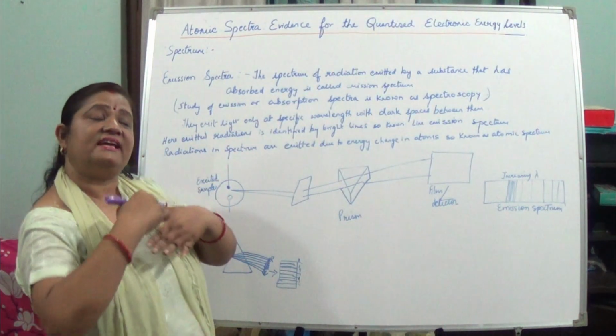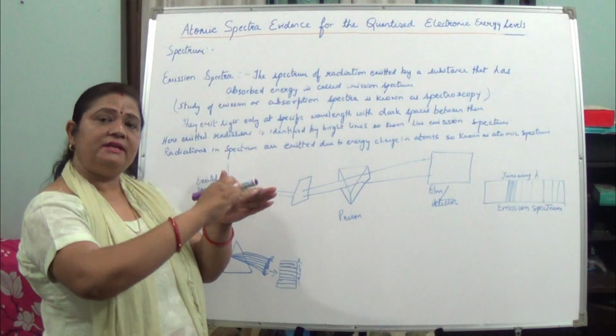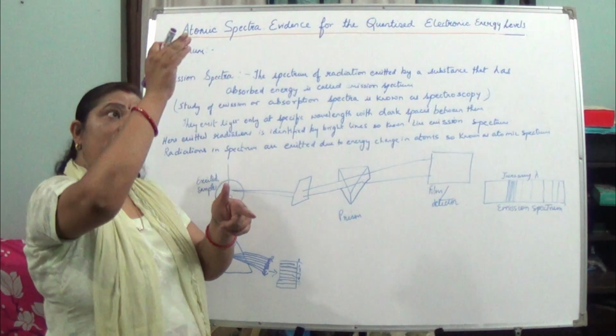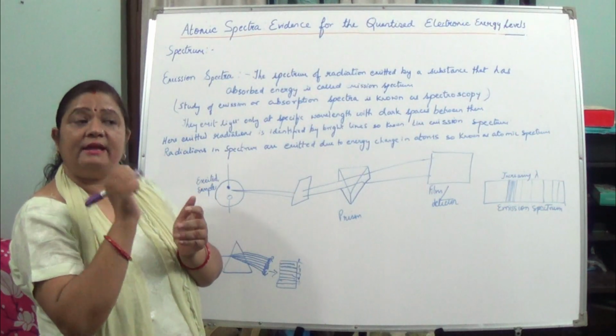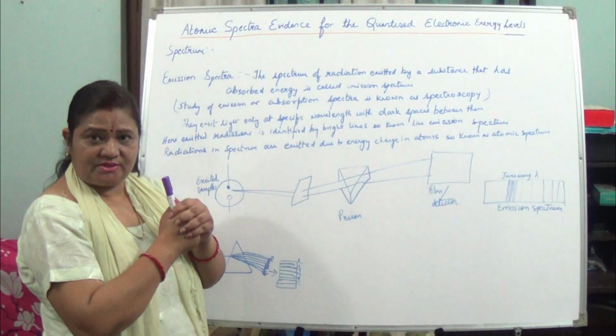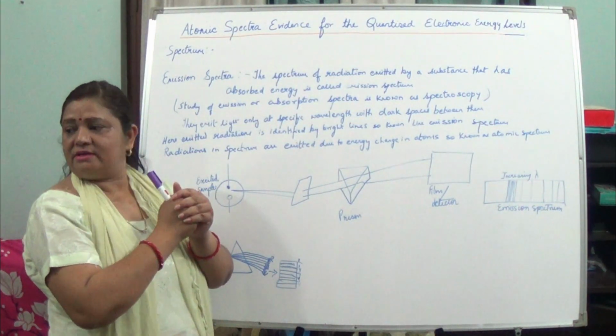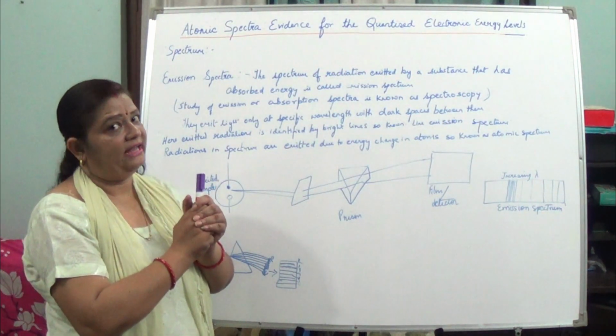The atom gets excited, but it has to come back to its own place. While it is coming back, it emits electromagnetic radiations, and these electromagnetic radiations are of different wavelength.